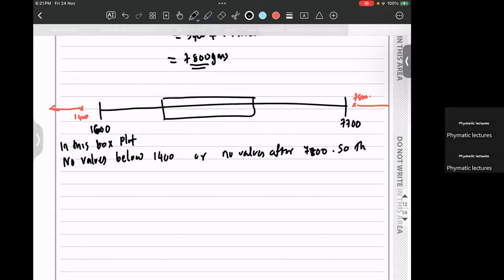So there are no outliers present in the given box plot. So that is the answer for this question.